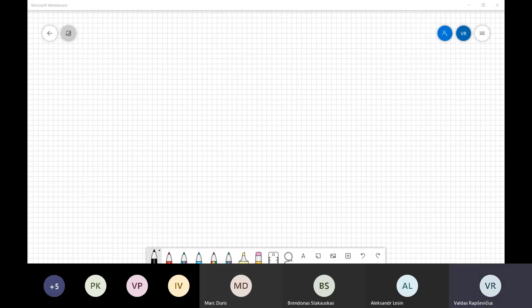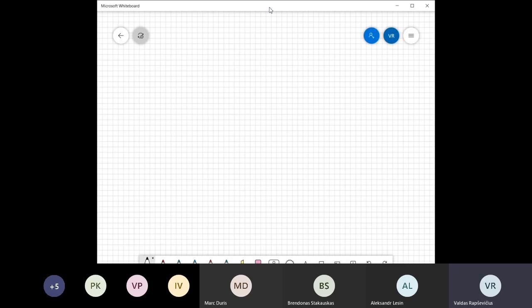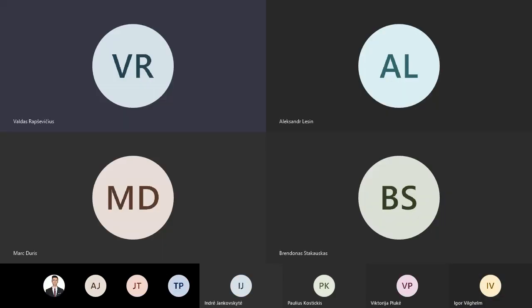So I hope it works. Let me see. This whiteboard doesn't work somehow. Come on. Okay, guys, something's wrong with my whiteboard. I will try to reconnect it.